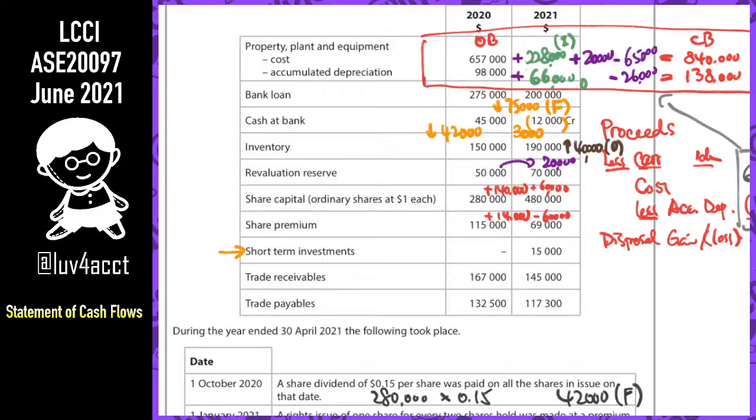Trade receivables 167 to 145. There is a decrease of 22,000. So decrease, operating activities positive. Trade payables 132.5 thousand, 117.3. You have a decrease of 15,200. Operating negative.